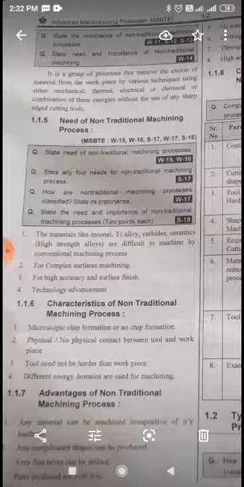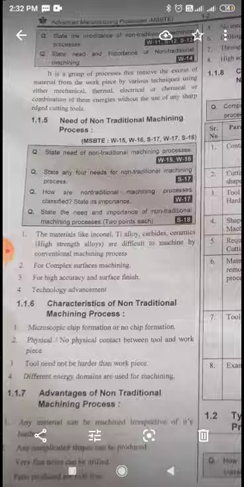In non-traditional or non-conventional machining, we have different types of energies: thermal, electrical, chemical, mechanical, electrochemical. These energies we are going to use in different ways to shape our workpiece.